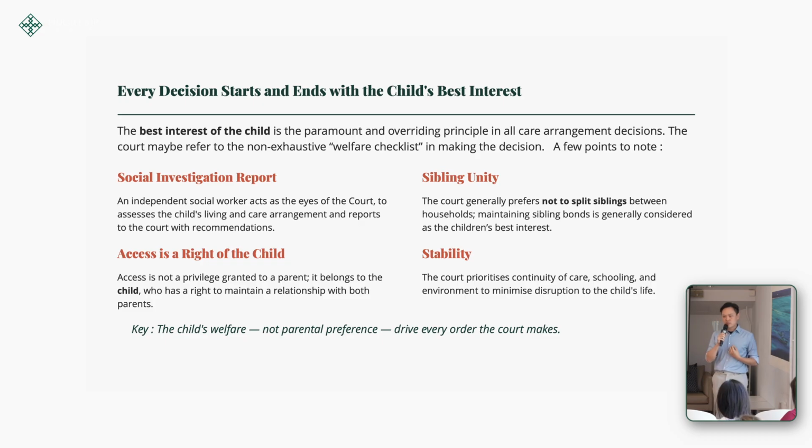The rationale of the court is that after weighing up all the factors, all the evidence, the court felt that the parents are not capable of looking after two kids at the same time. So the court felt that splitting the kids in that particular situation is best for them. All right. So from time to time, you do see examples where the courts are prepared to separate the siblings.